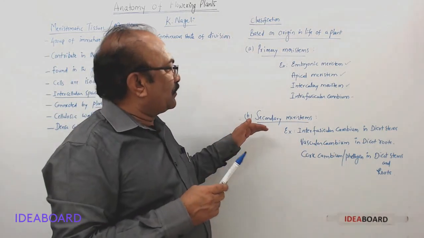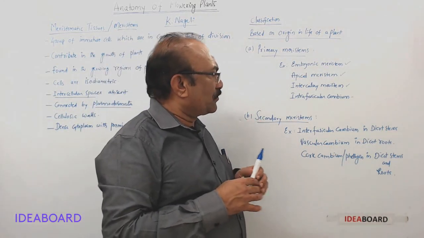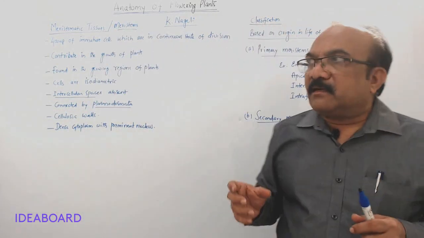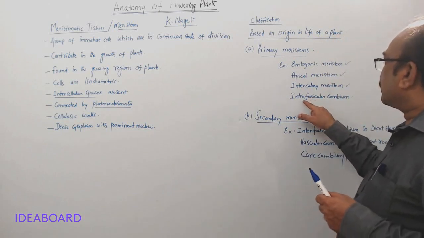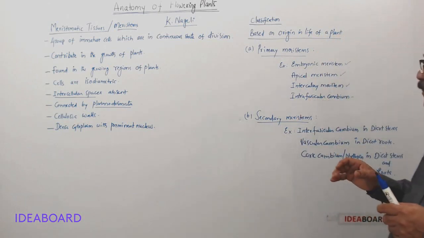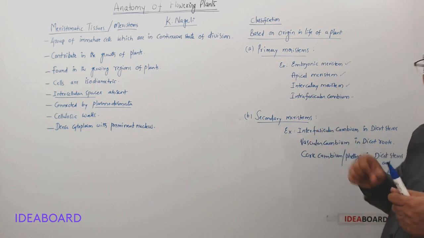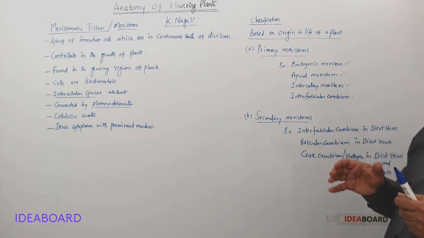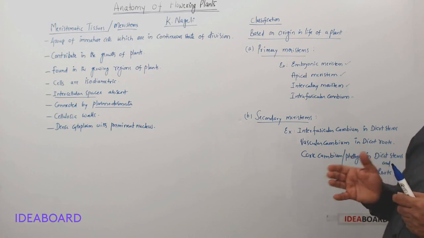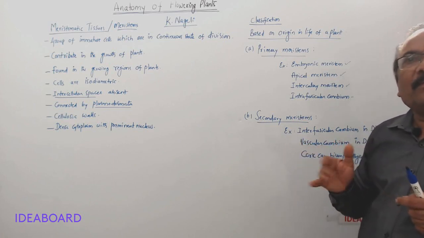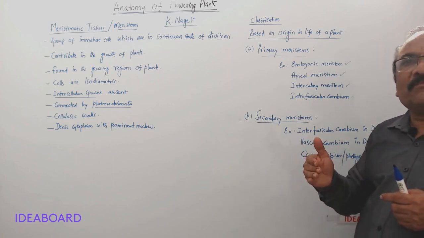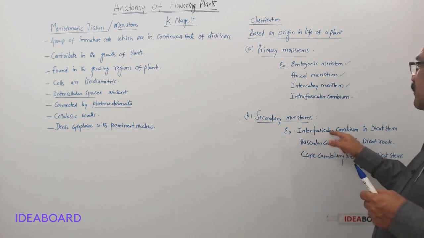During secondary growth, of course, in dicots, we already saw the intrafascicular cambium. Between the vascular bundles, you will find medullary rays, and those medullary rays are permanent tissues, and they undergo dedifferentiation and produce one meristem called interfascicular cambium.